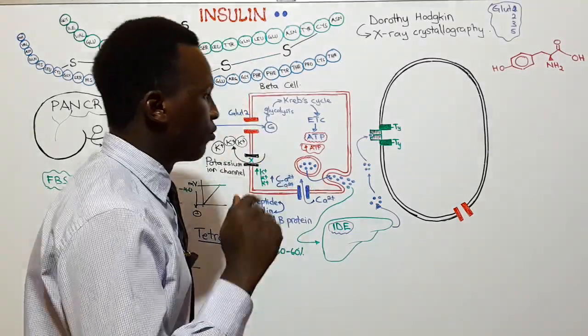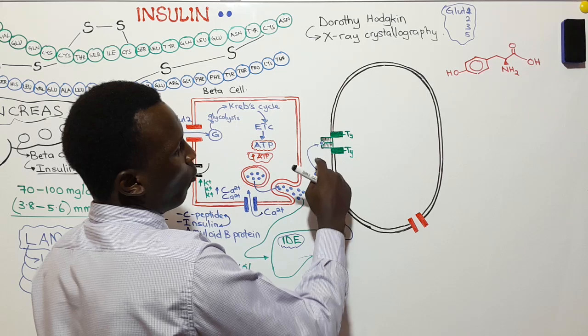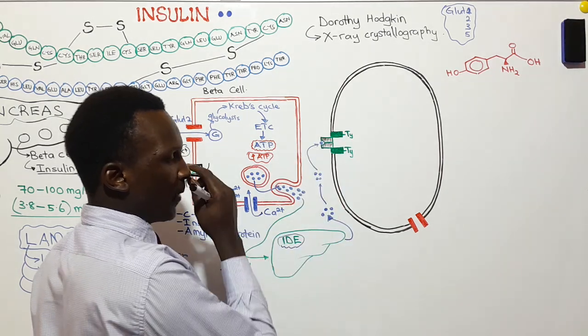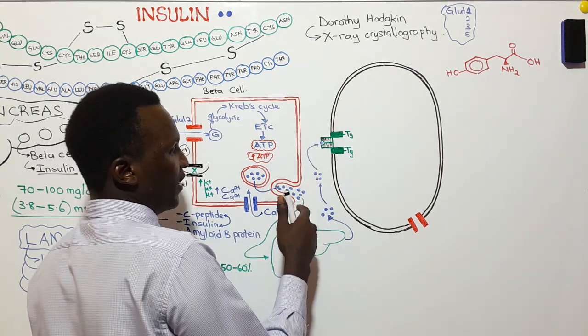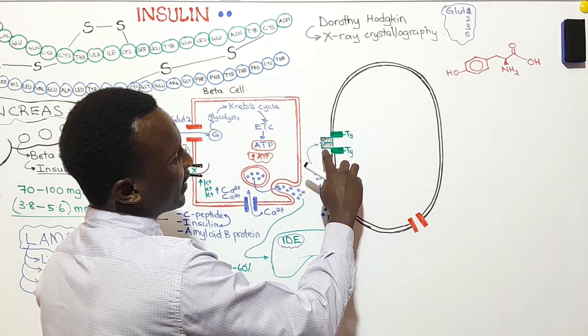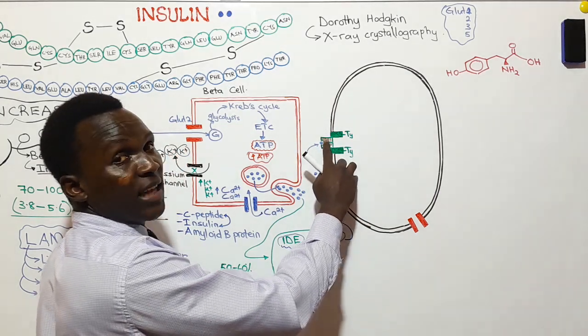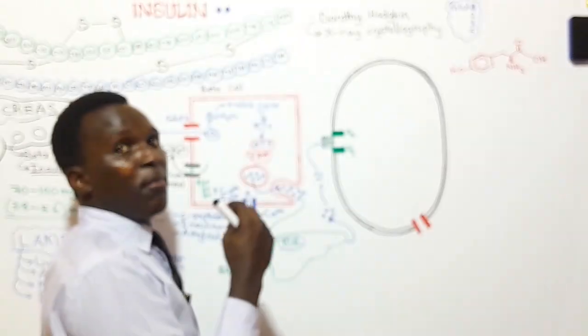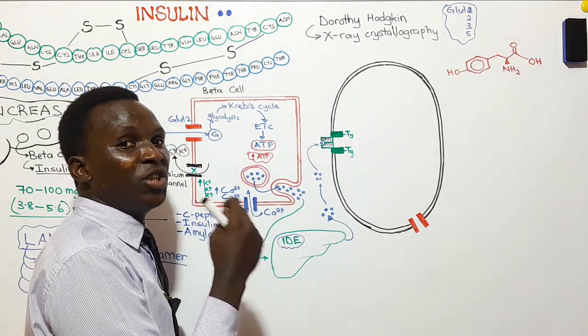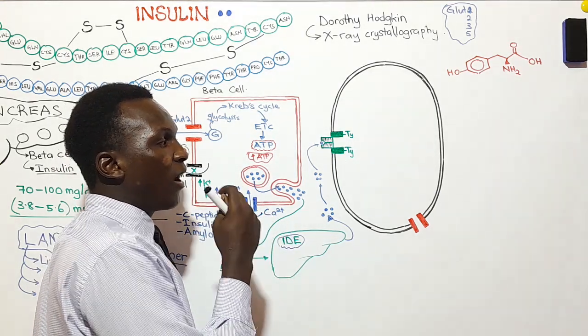Don't worry. So, when insulin binds to its receptor, the receptor tyrosine kinase, what happens? Because of the binding to the alpha subunit, a reaction called dimerization occurs, which leads to a change in conformation. What does it mean?